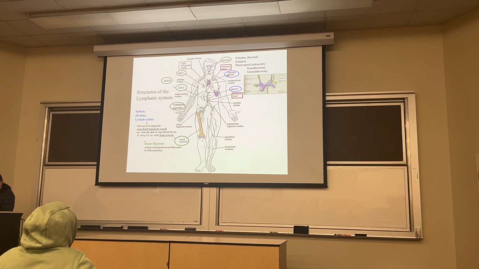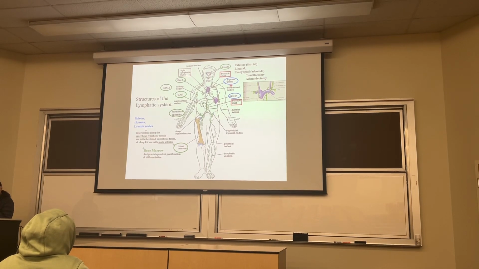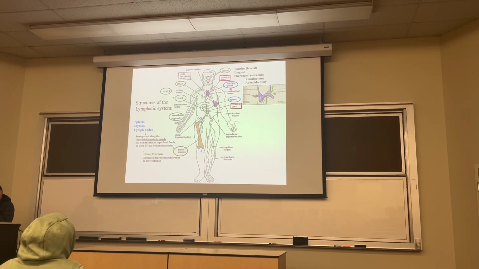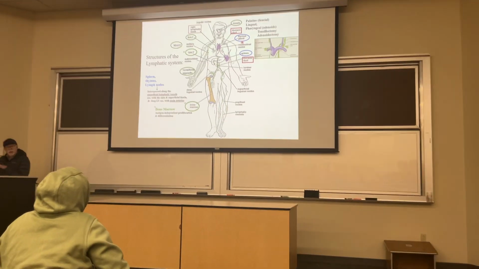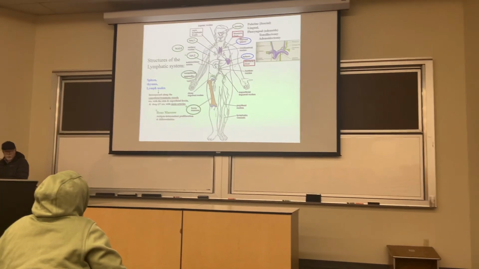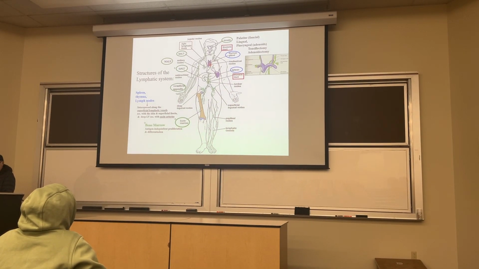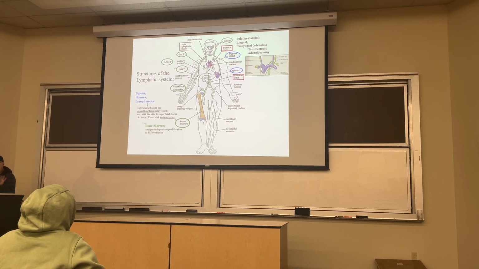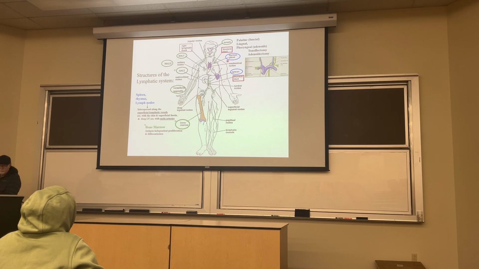The thymus is active when we are young, and that's going to help in the differentiation and maturation of the T lymphocytes. We'll talk more about that. And so it's near the heart, and it involutes, it gets smaller as we age. Can be called, as we age, a senile thymus.